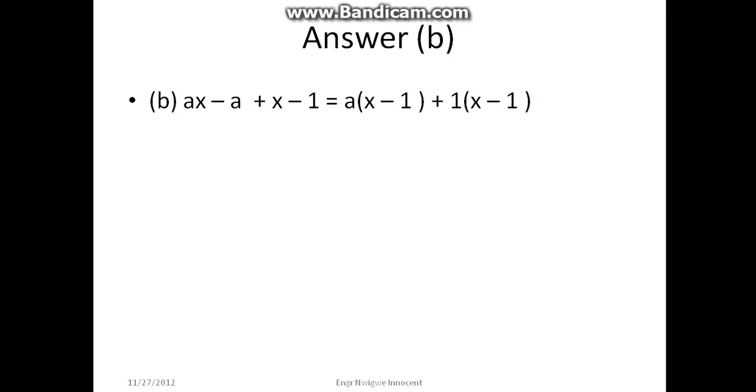We now have a in bracket x minus 1, because a times x gives ax, and a times minus 1 gives minus a. Plus 1 times x minus 1. Therefore, the factorization will now become x minus 1 in bracket a plus 1.